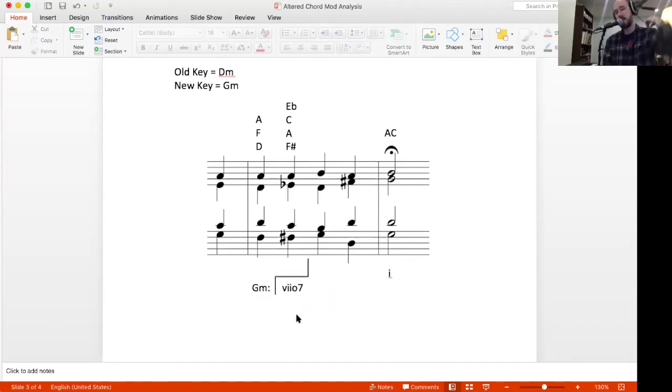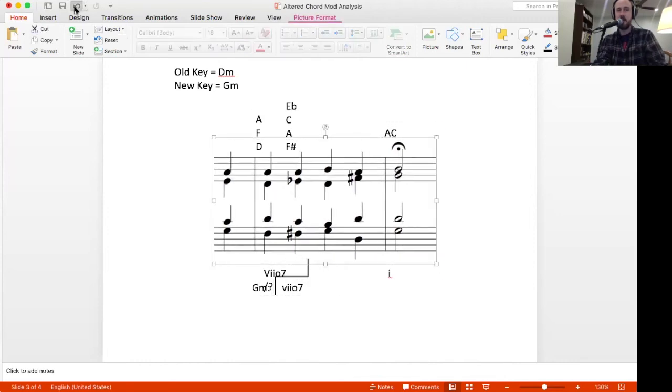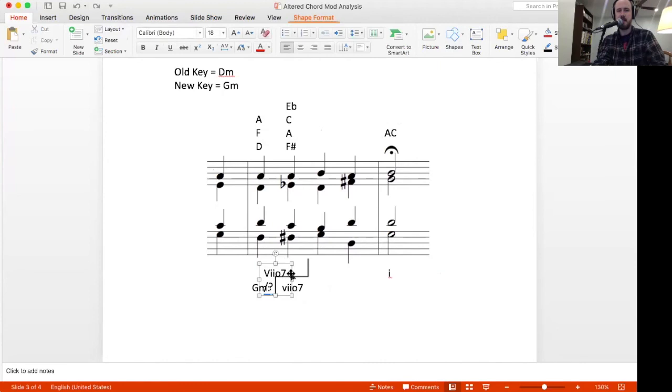7 fully diminished 7. So how can we figure out what to call that in the old key, in D minor? First of all, we know that the way we label it in the new key is the exact same as the front side of the slash in the old key, right?